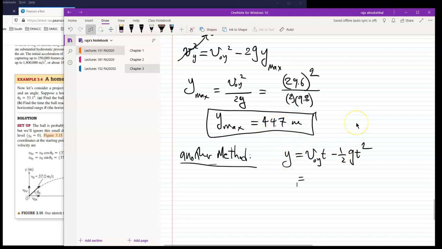So let's try it. It's going to be 29.6 times 3.02 minus 4.9 times 3.02 quantity squared, and you calculate that.